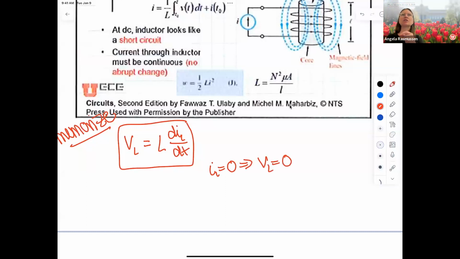If the voltage between two points is 0, what element does that look like? A wire, a resistor, an open? It's going to look like a wire. So this is how to remember how we model an inductor after it's sat for a long time: it will be modeled by a wire. So it'll be a short.